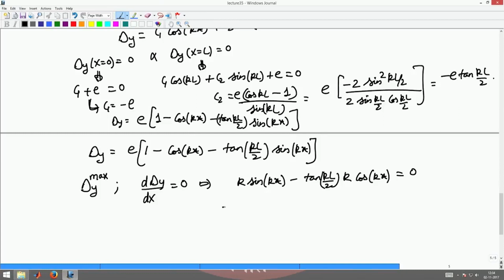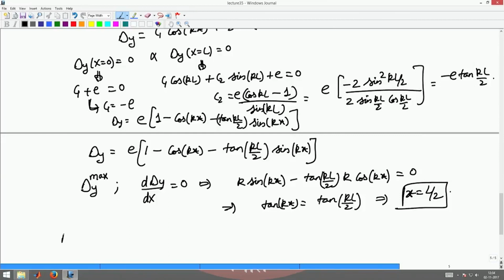So this will imply that tan kx must be equal to tan kL by 2. This implies that x must be equal to L by 2. So d delta y by dx equal to 0 gives me the location of the delta y max.